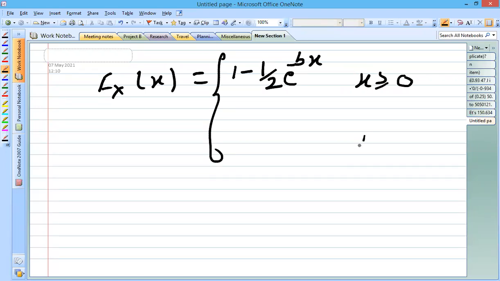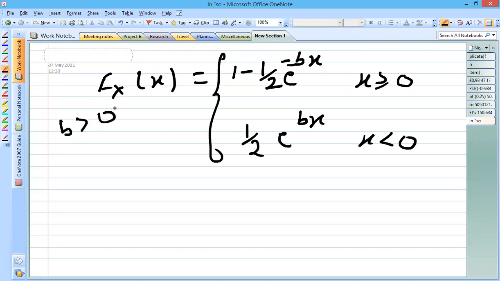And for x less than 0, this CDF takes the value 1 by 2 e to the power plus bx. So here we have minus bx for the first case, that you have to keep in mind. So now this CDF is given for b greater than 0. And in the problem, what are we asked to calculate? We are asked to calculate the probability.